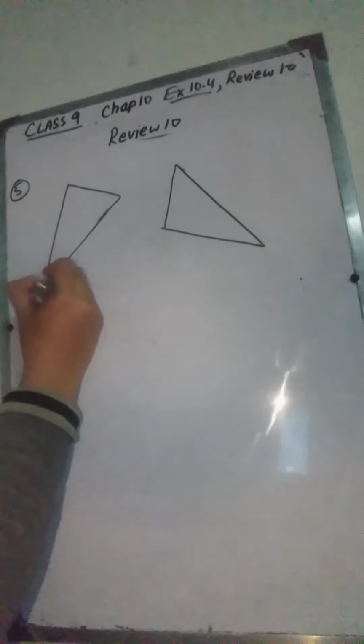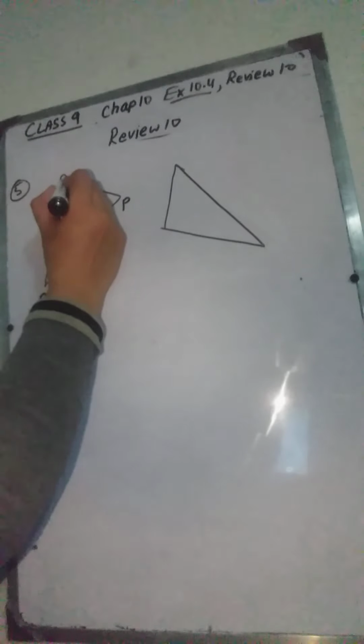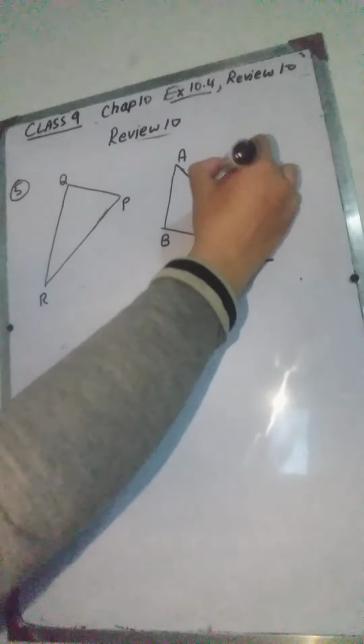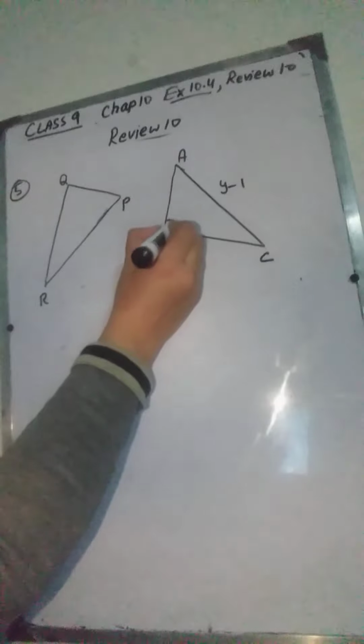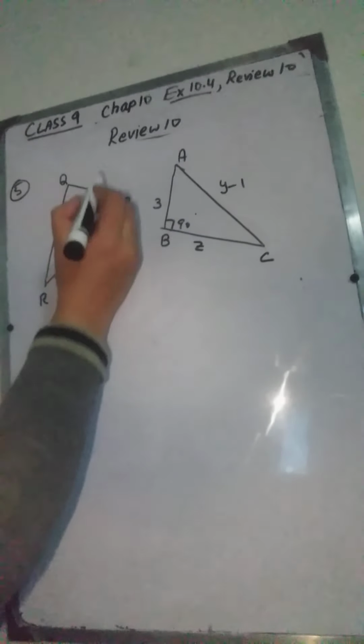In this question we are given the triangle RPQ and triangle ABC. This side is y minus 1, z, and it is also given that this angle is equal to 90 degrees, 3 centimeters.